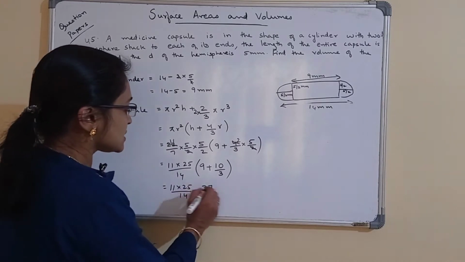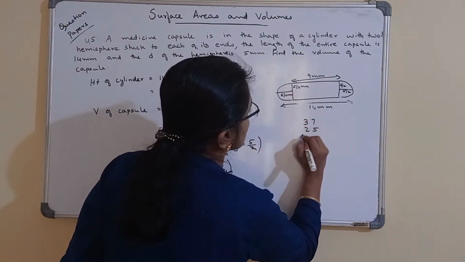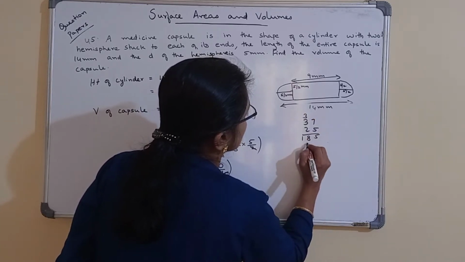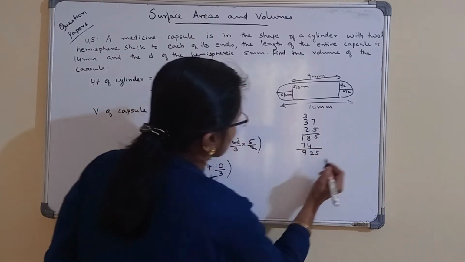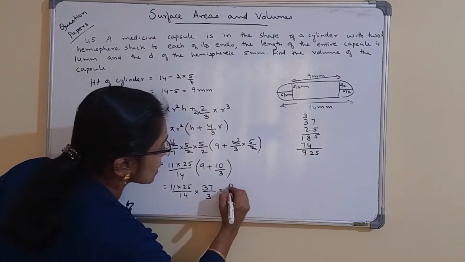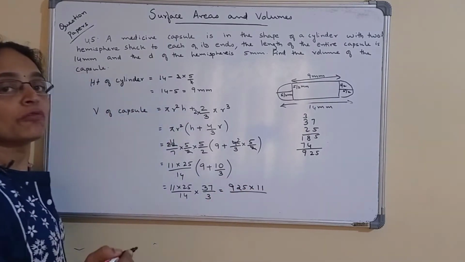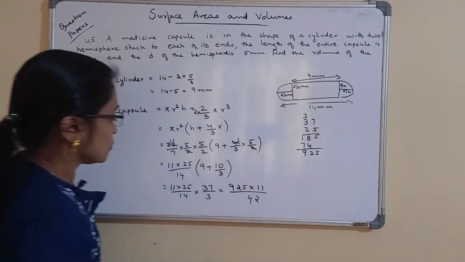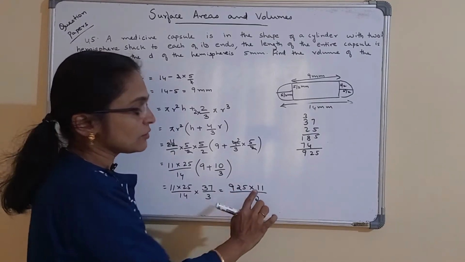And this is equal to 25 into 37, which is 925. So this is equal to 925 into 11 by 14 into 3, which is 42, right? Now 925 into 11 by 42.